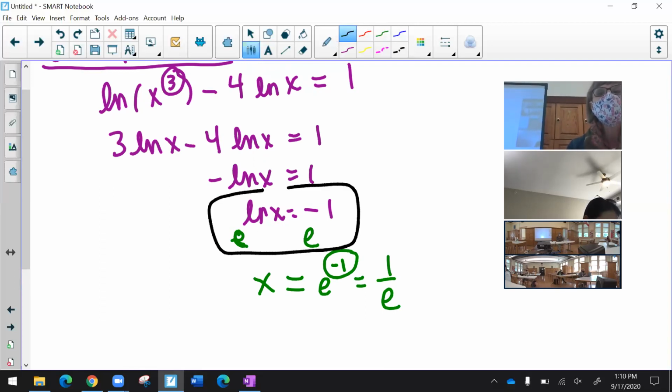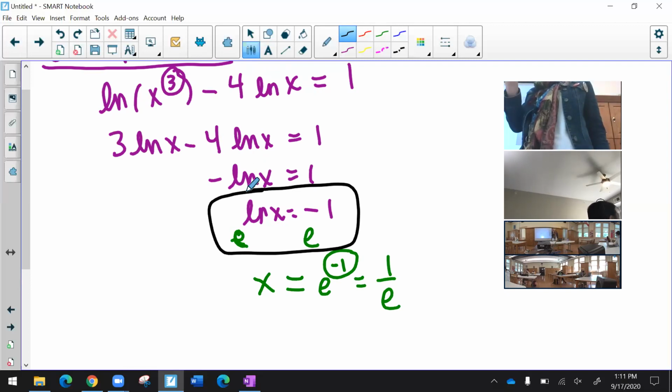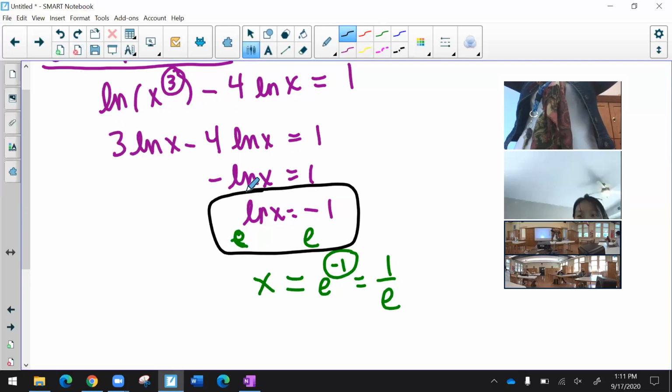In this step, I'm taking the natural log x that's on one side of the equation and the negative 1 on the other side, and I'm making them each the exponent of e. So I'm not multiplying through by anything. I'm using it as an operator, as an instruction. And when I see an e, my instruction is I raise that e, that 2.7, whatever it is, up to that power.